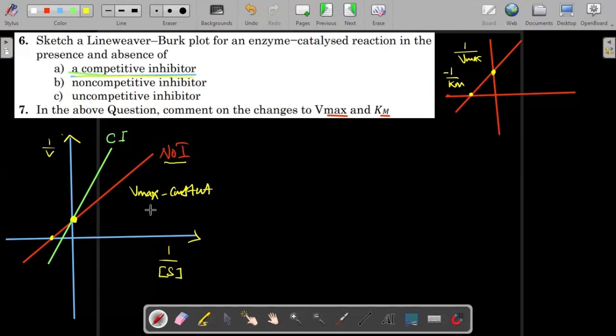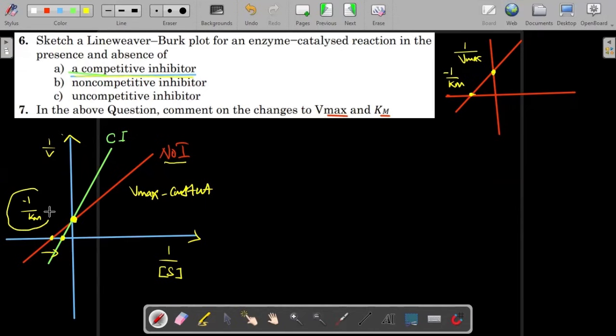But what has happened to the Km? Remember we said Km is the x-intercept there. The Km was there, and it has gone to the right like that. Now it's there. So this is now our minus 1 over Km. If my value has gone to the right, what has happened to the Km?